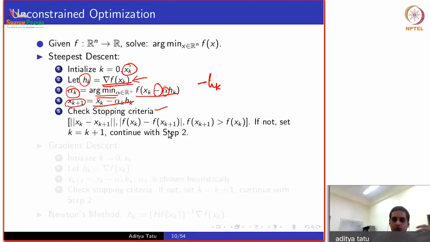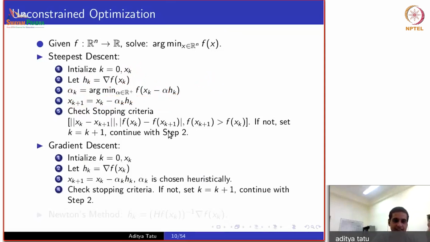A more popular version of this is called gradient descent, in which you are basically lazy, so you do not perform this one-dimensional optimization at all. You just choose some small step to take in that direction. Why does this make sense? Because hk is obtained from the linear approximation.